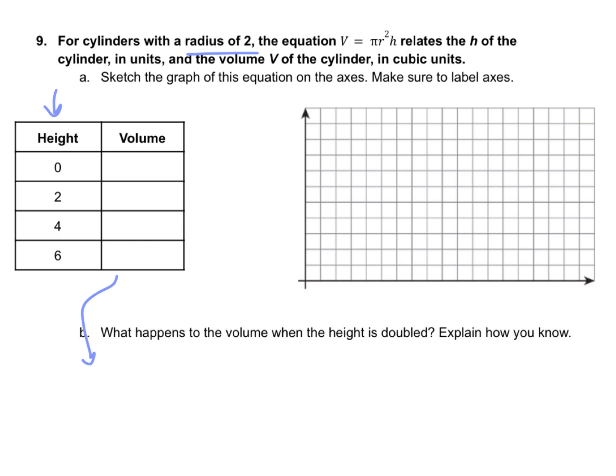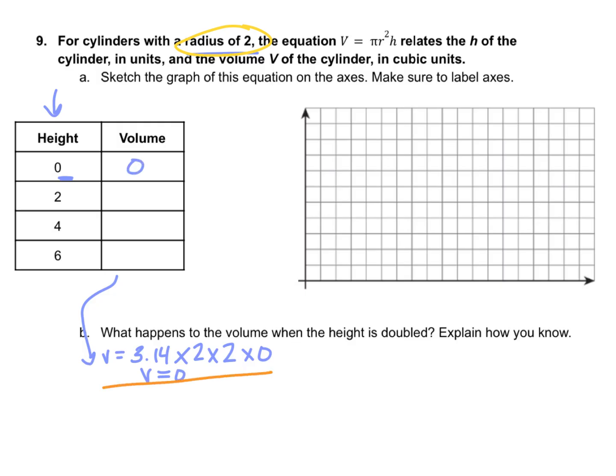So my first one, the height is 0. So V equals pi. It doesn't say anything about what I use for pi, so I'm going to use 3.14. But it does say that every time the radius is 2. So 3.14 times 2, and for the first one, the height is 0. So when I do all of that, 3.14 times 2 times 2 times 0, I get 0.